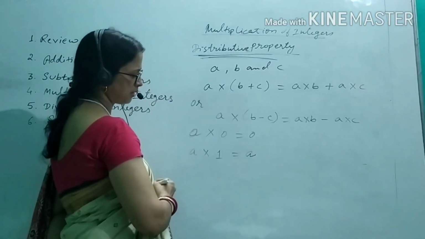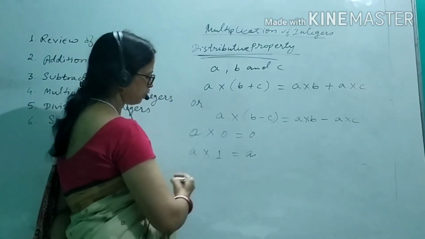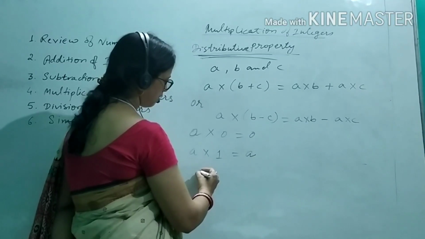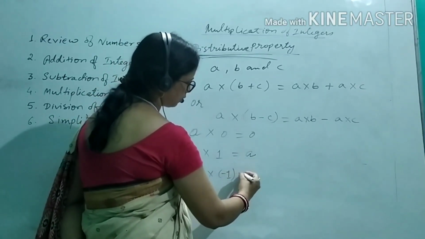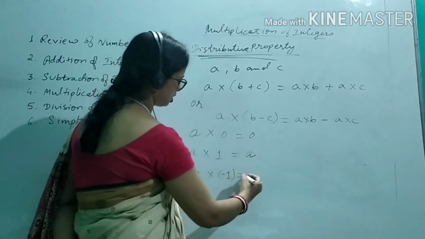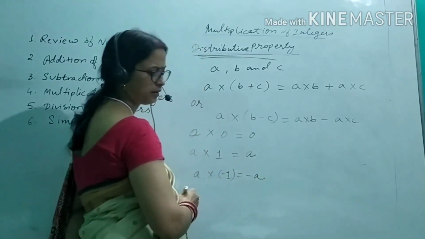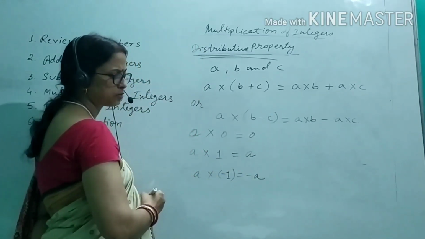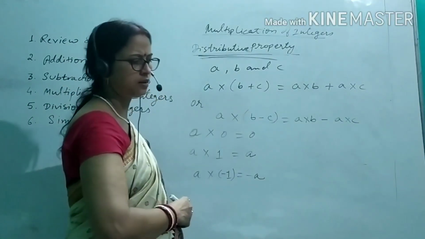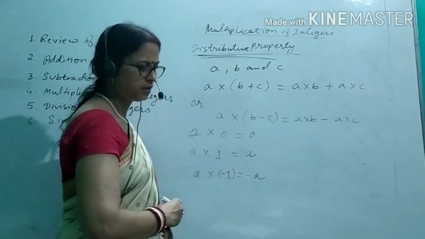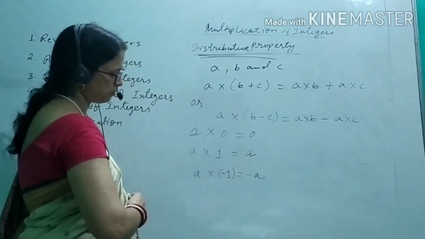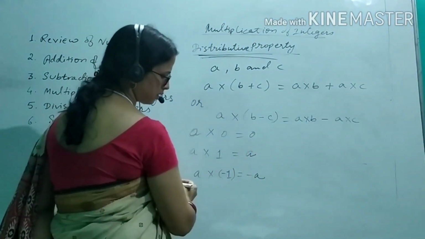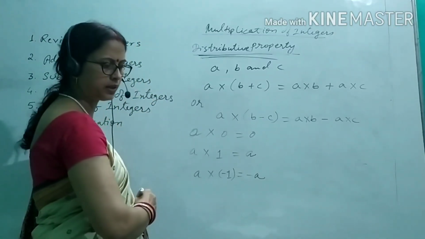Then the next case is when we multiply any integer with -1, we are going to get the negative of the integer, that is -a. This is also known as the negative of the integer, and then the next property, that is multiplicative inverse.